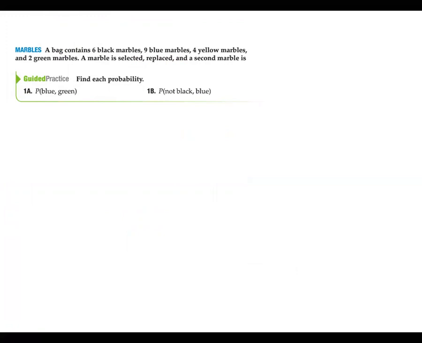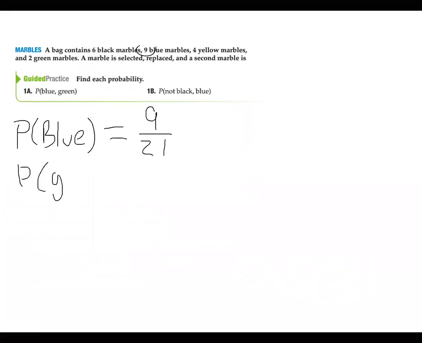Okay, we're back. So the first thing you want to do is figure out the probability of blue. So there are 9 blue marbles out of 6 and 9 is 15, plus 4 is 19, plus 2 is 21, so it's still 21. The probability of green, which is 2 out of 21.